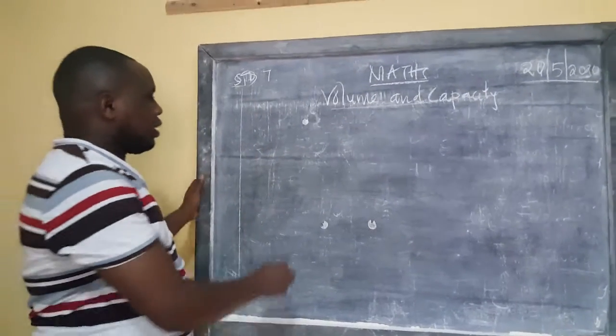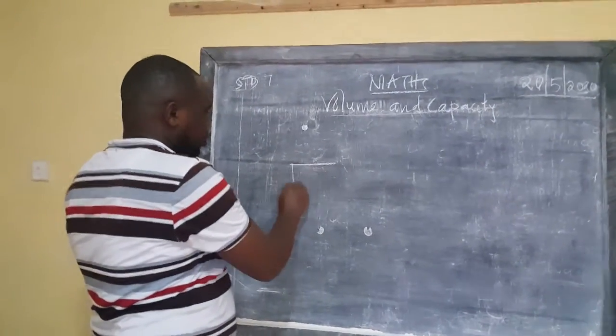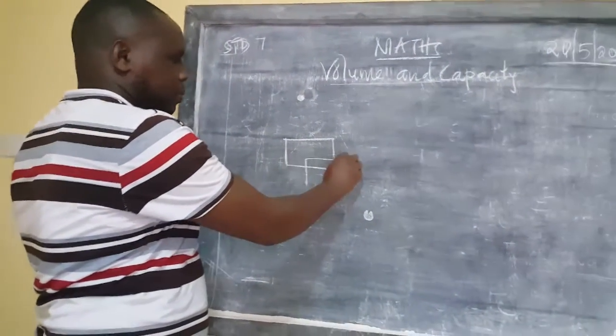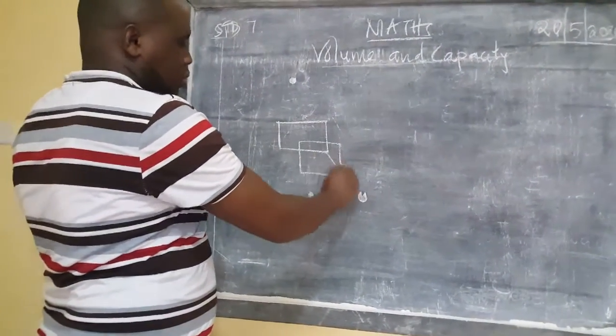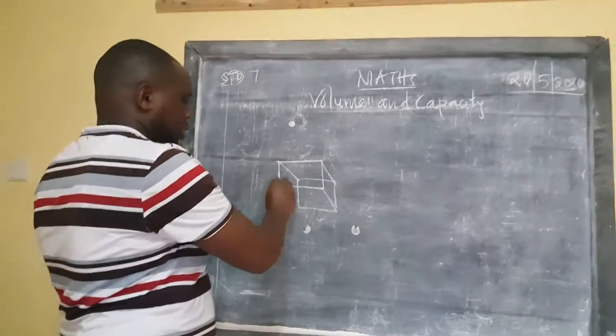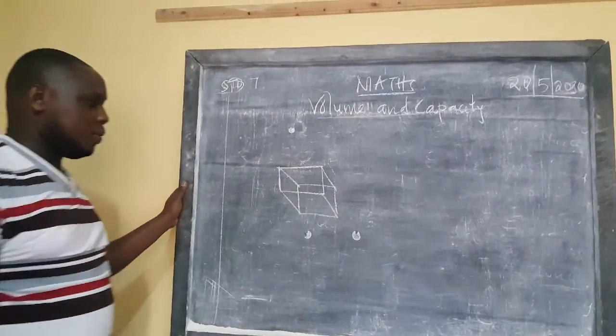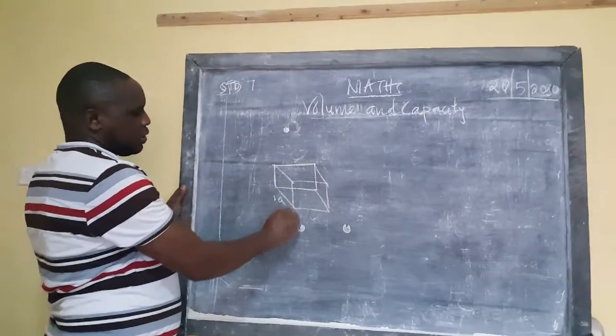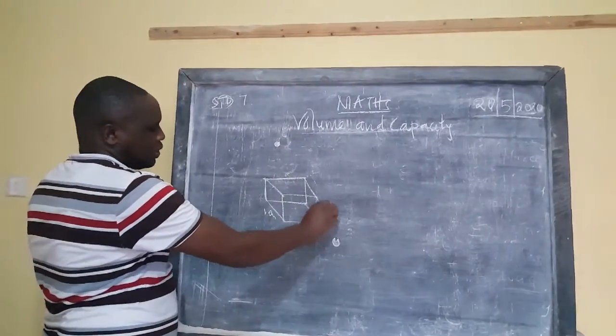So I want to begin from something you know. I'm going to draw a cube here. And this cube is going to be of 1 centimeter. So 1 centimeter, 1 centimeter, 1 centimeter.